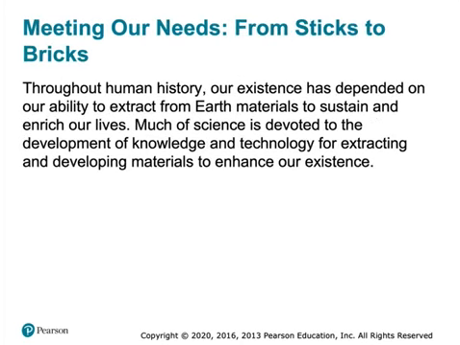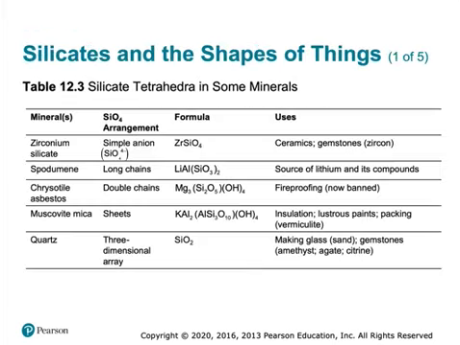But we as humans have looked to exploit the materials of the earth to improve our lives, and started off with sticks and bricks to form dwellings, and now we have complex electronic devices much like I'm using to deliver this talk to you.